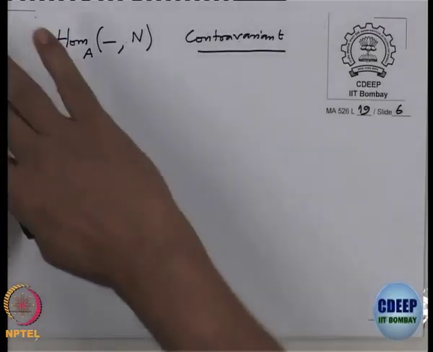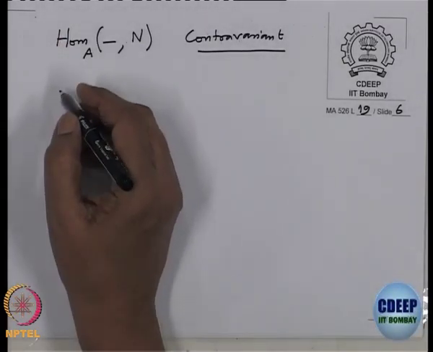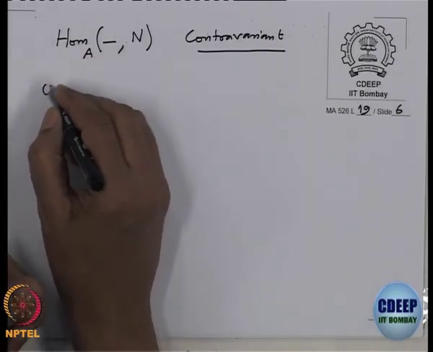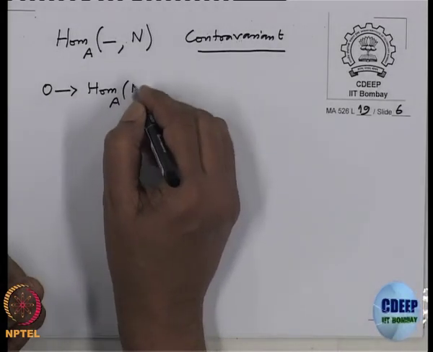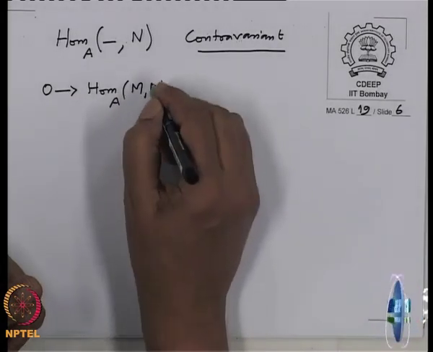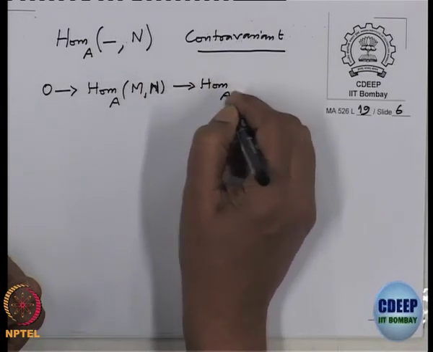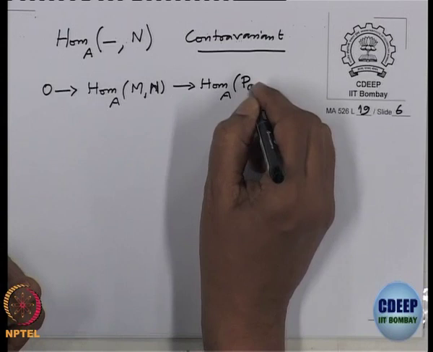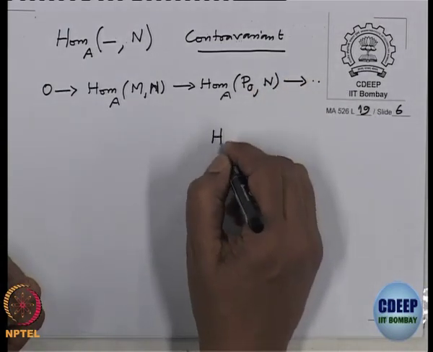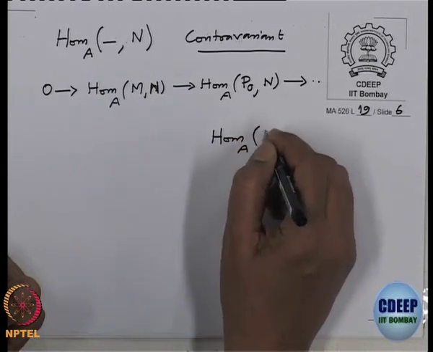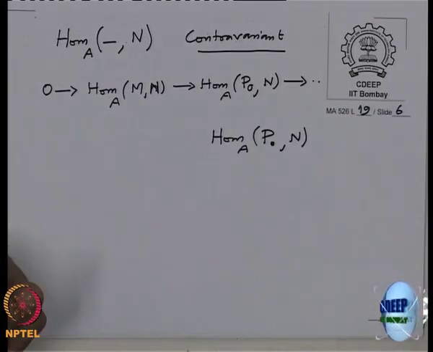So, it will start the other way, and 0 is left, home is left exact. So, this is 0, home A of M comma N, and then home A of P 0 comma N, and so on. In general, this should be home A of P dot, N. Now, it is a long exact sequence.